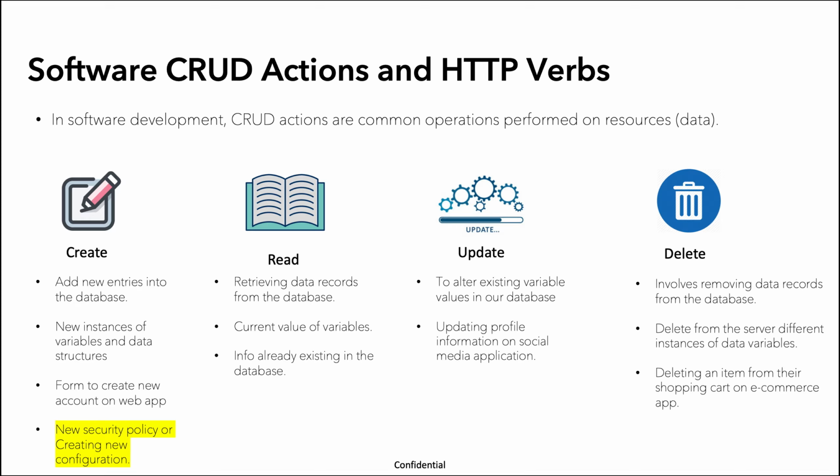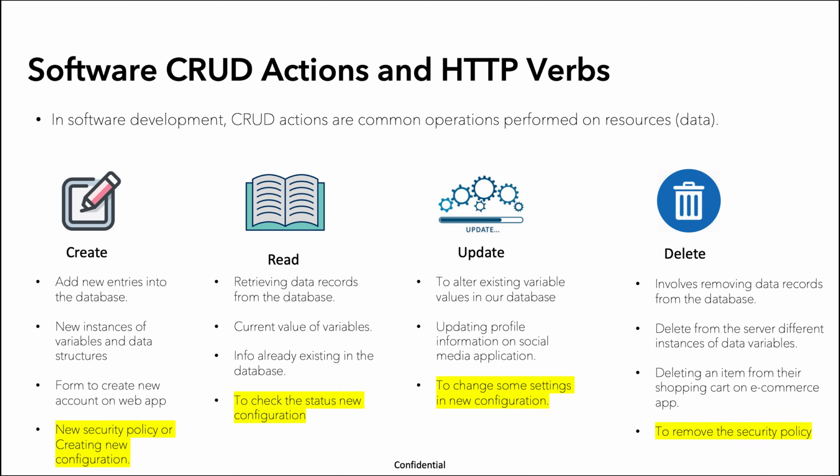Similarly, to check the status of that new configuration, the read action is used. And to change some specific settings in the new configuration, an update action is used. And to remove the security policy definition completely, a delete action is used. So these are the CRUD actions when you apply them on the DNA controller.